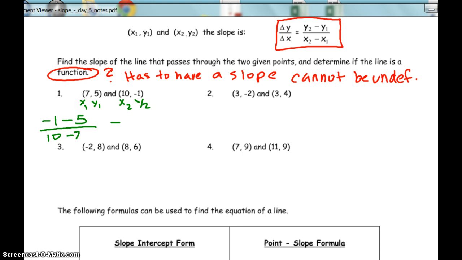That's going to give us a -6 divided by 10 minus 7 is a +3, which is equal to -2 divided by 1, or -2. At this particular point in time, we do have a slope, and therefore this will be a linear graph, and it will be a function.